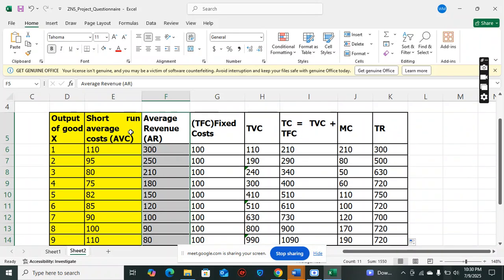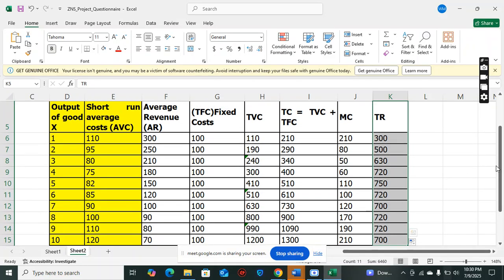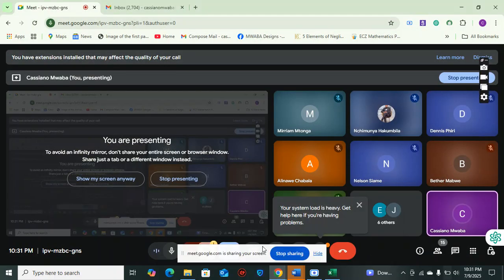That's how you get your total revenue. Is that okay, colleagues? Total revenue is average revenue times quantity.